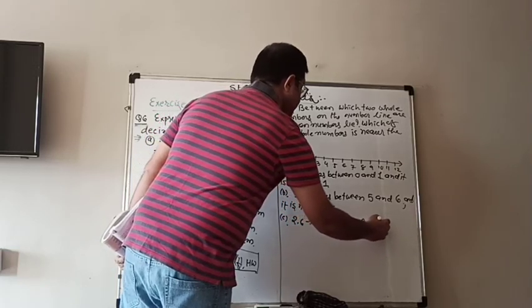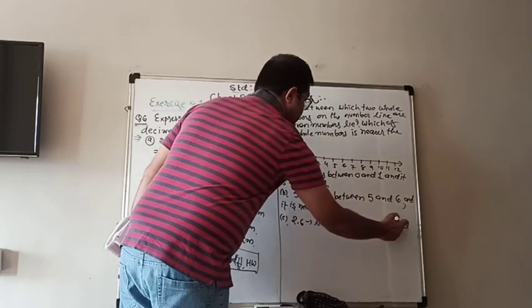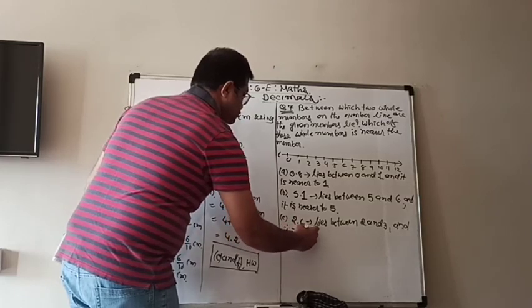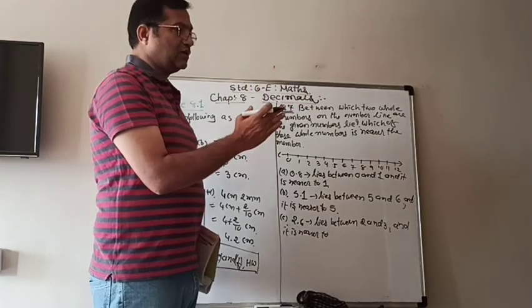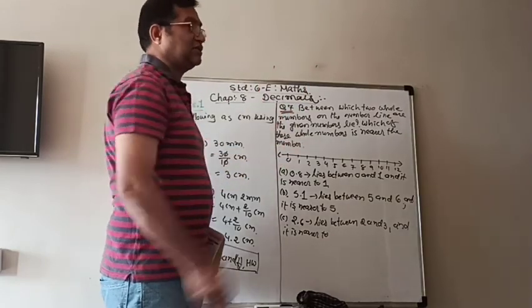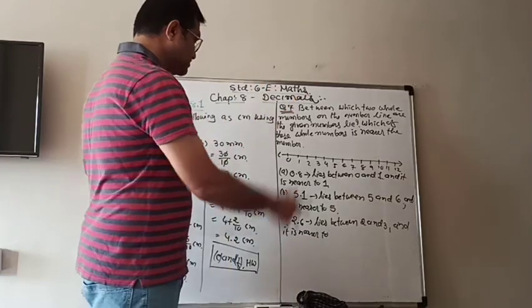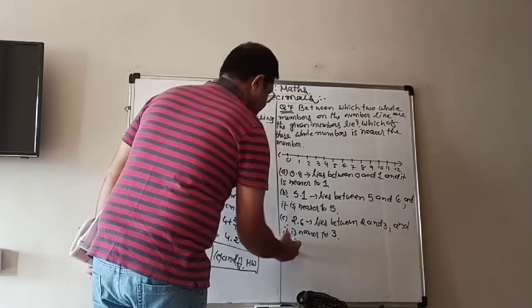Now if it is 2.5, it is in the middle, but it is going that side, 0.6. So it is more nearer to 3.